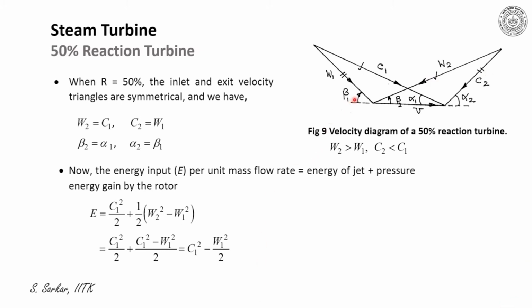Furthermore, beta 1 would be equal to alpha 1 and beta 2 would be equal to alpha 2. Thus, these two triangles, inlet and exit, are mirror images of each other.